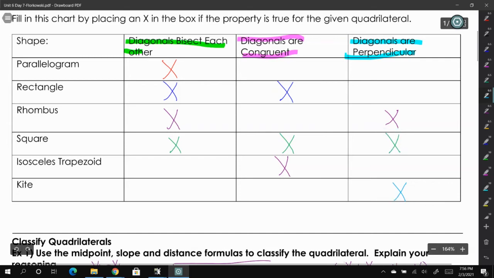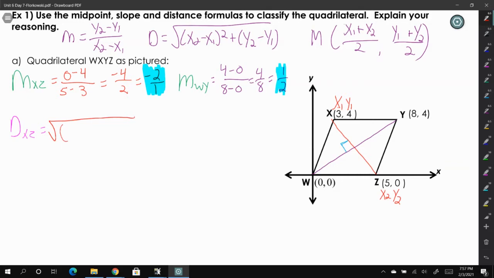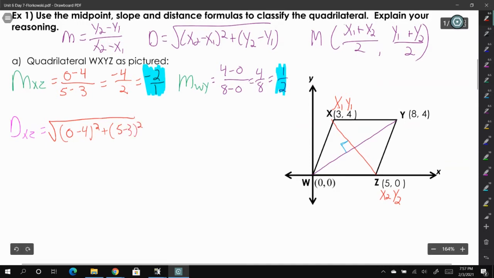So now let's find the distance of each diagonal. So the distance of XZ is equal to, and I'm going to use red, it's going to be the square root of 0 minus 4 squared plus 5 minus 3 squared.